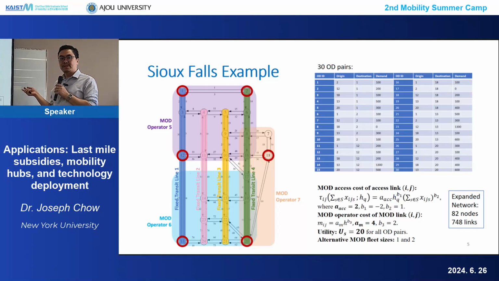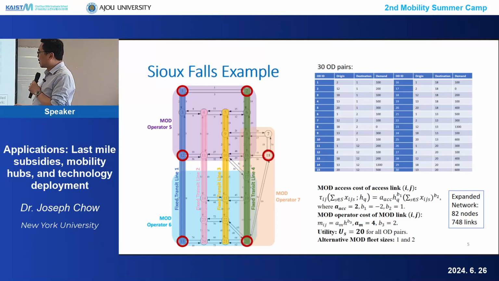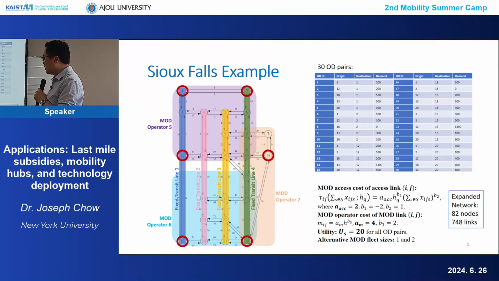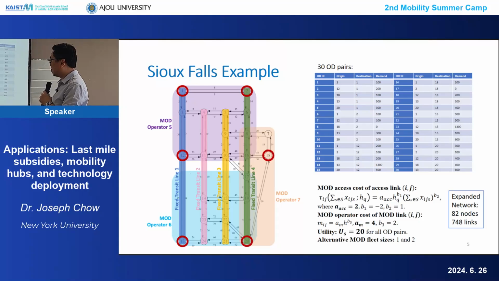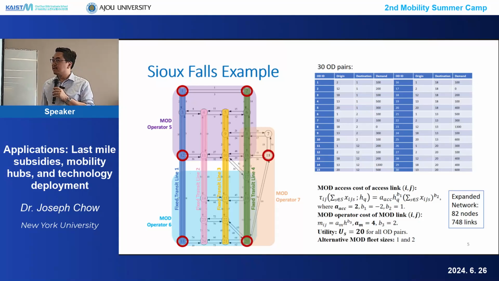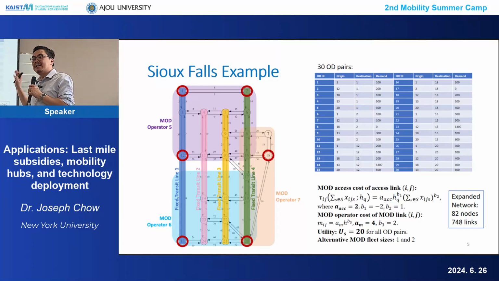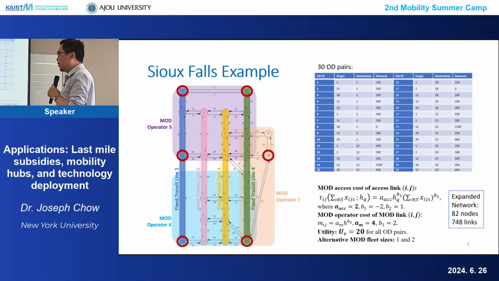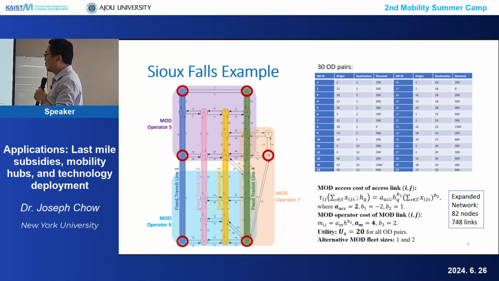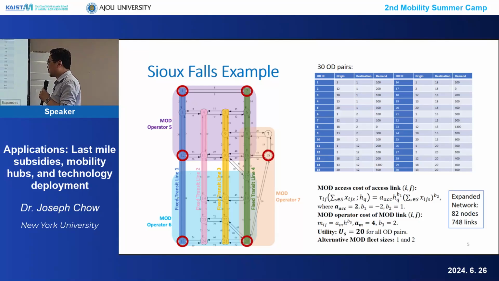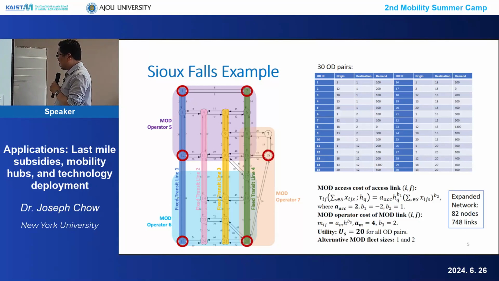What separates this from conventional subsidies is that each of these vertical colored bars represents a fixed route transit line, or at least a potential fixed route transit line. It's not definite that something will be operated. Then you have these circles representing the OD pairs, or at least the centroids from which you have OD pairs.